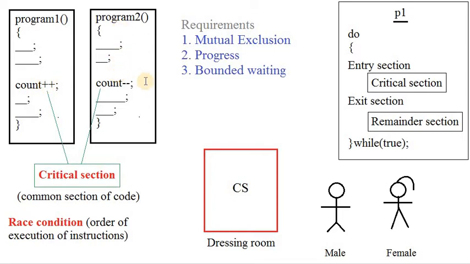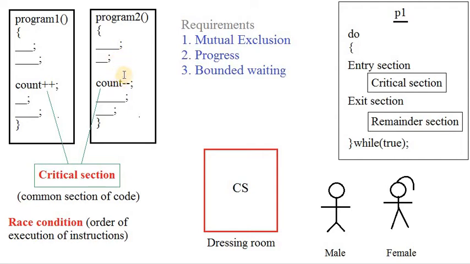So to restrict the second program from entering the critical section, we should use the entry section. Program 1 is allowed to enter the critical section first. The second program will not enter the critical section at the entry section. That means program 2 will continuously stay at the entry section only, waiting for approval into the critical section.